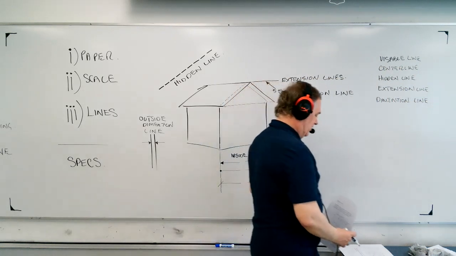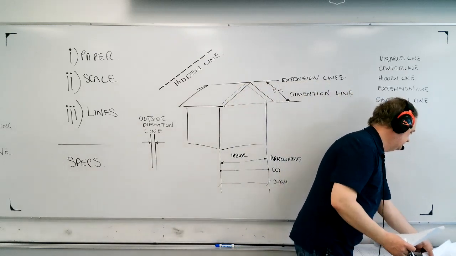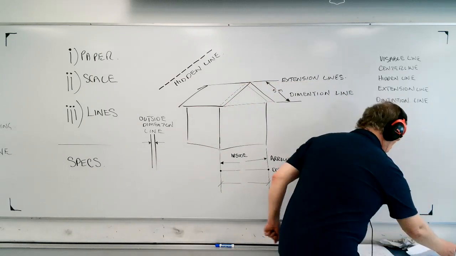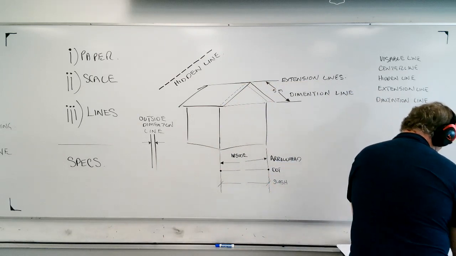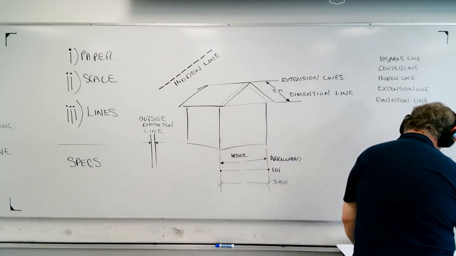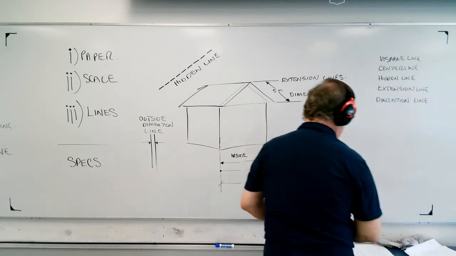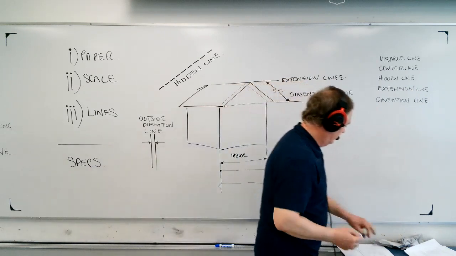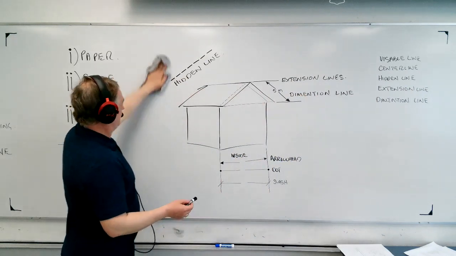Now, there are a couple more to go, and so let's look at it this way. The next line that I want to talk about, I'm going to clear this out of the way so we can get a better look without getting confused with what we already have.